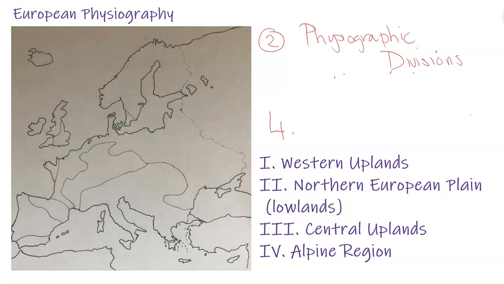Right, our next division of landforms that are very continuous in Europe is the Central Uplands. And these are pretty much going to be right here. It's a very small region right there. Going to shade it in. Find the same color. There we go. Very nice.